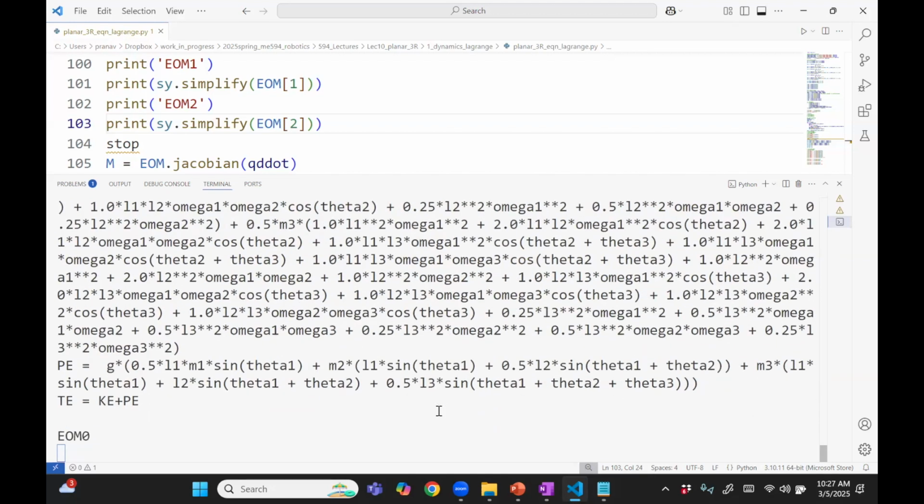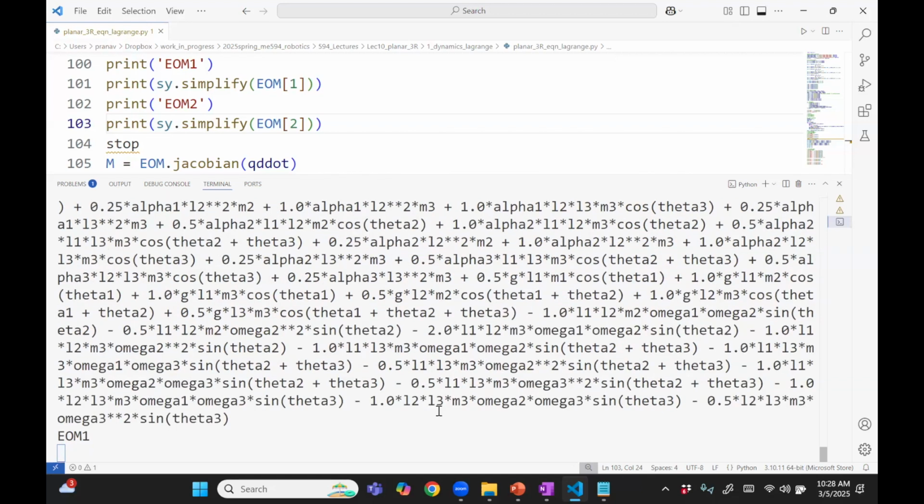Here's the kinetic total. Okay, EOM. Now it's going to do a lot of work because it needs to simplify. It's paused there. Sometimes simplify just stops forever, so it can't simplify. But I have hopes that it'll be simpler than what it is over here. Yeah, so this is why you'll appreciate the numerical solution a little bit later. It's because of this. So EOM 0 was that. It printed. EOM 1, it's thinking.